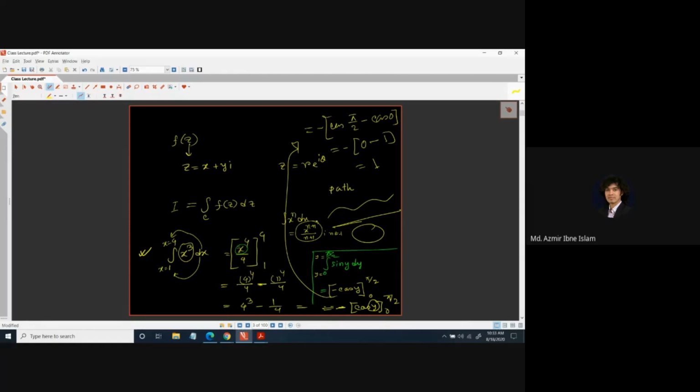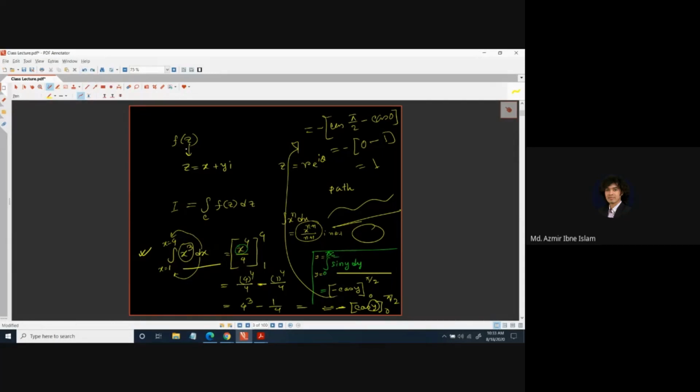So be sure that we can integrate in terms of x, and we can integrate in terms of y. This is important in complex integrals. We have to keep only one variable, either x or y, then we can integrate.